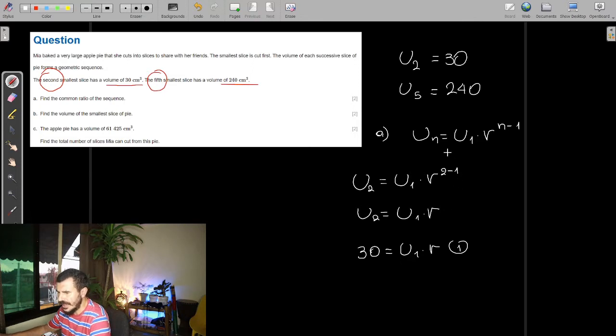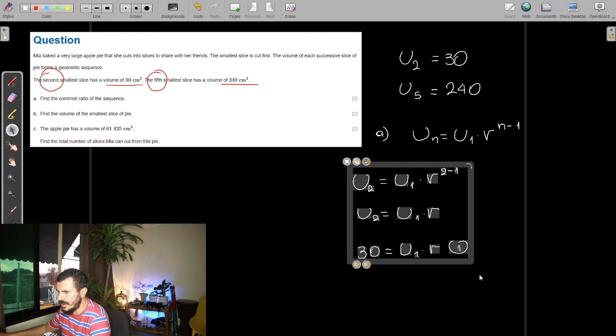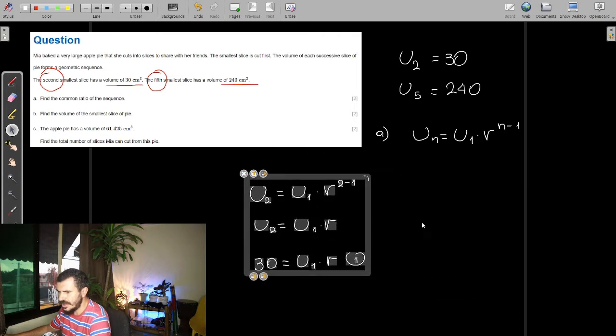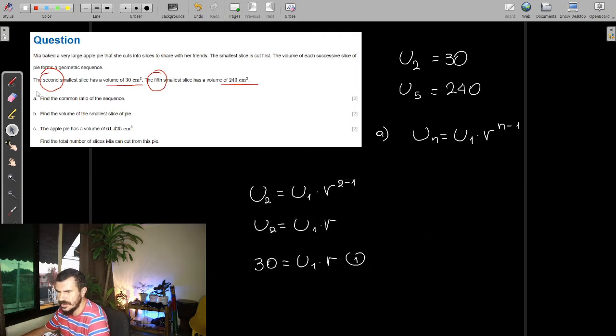Now I will apply exactly the same to the other information, which is that U5 is 240. U5 will be U1 times r to the power of 5 minus 1, which is 4.